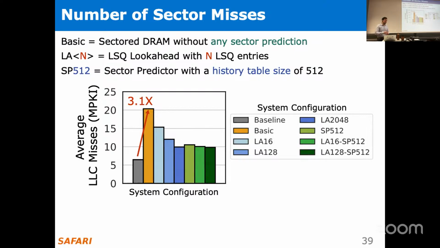What I mean by that, for example, if you have sector caches, meaning you have that additional bit that tells you which words are valid, you can actually power off the unused parts in your caches. That saves a lot of static energy, and it's probably used in some systems even.